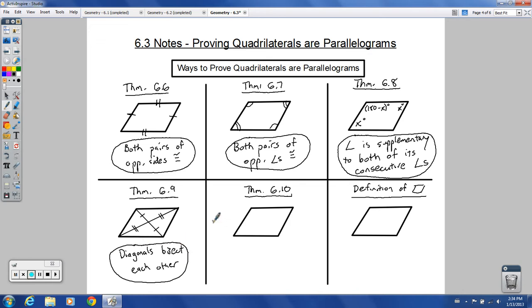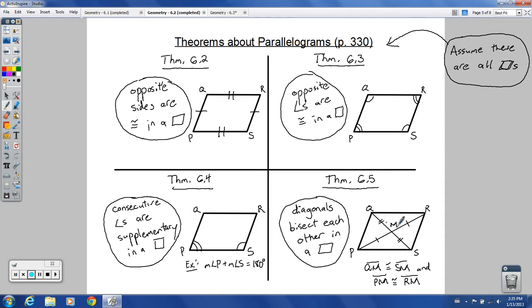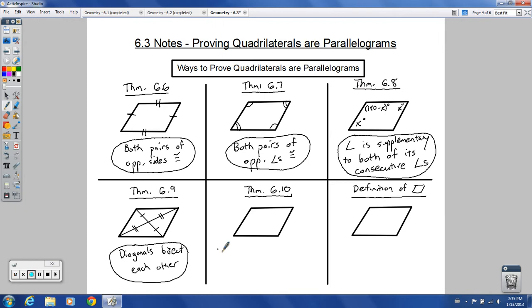Theorem 6.10. This one's a little new. So these four went right in order with these four, so nothing new here really. It's just the converse of these things now. Theorem 6.10 though builds a little bit upon what you have there. If you had one pair of parallel sides that was also congruent, then this would also have to be a parallelogram.